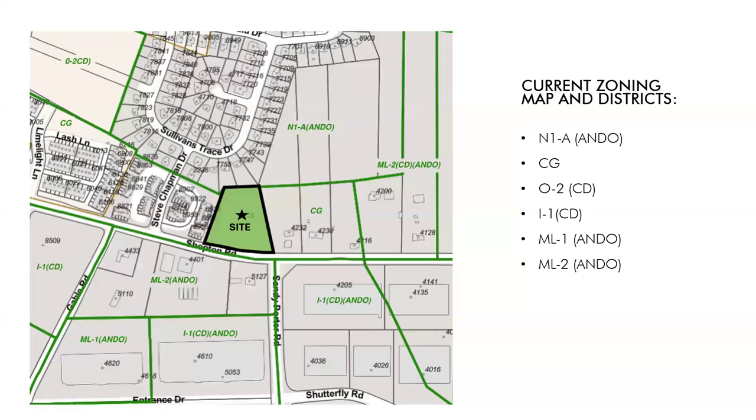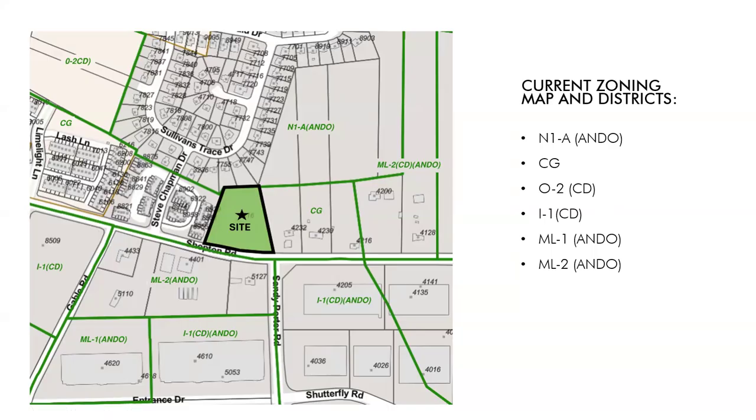Okay, here is our current zoning map. As I mentioned, our site is zoned CG, which is general commercial. You can see the northern frontage of Shopton Road is all currently zoned CG. However, they are developed as more of a residential townhome style development.